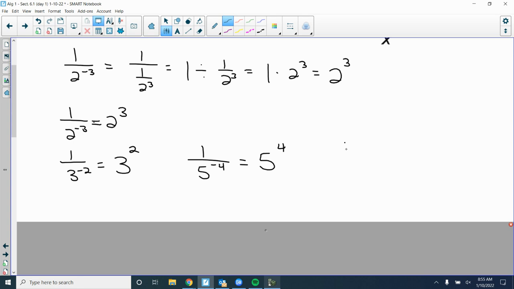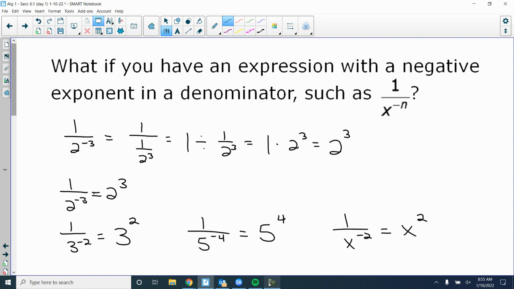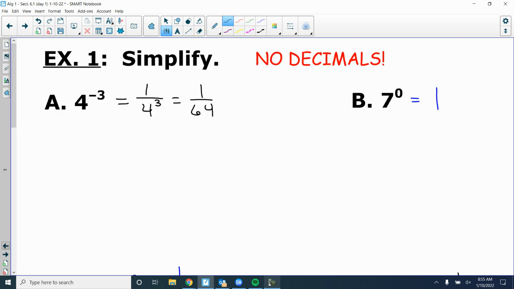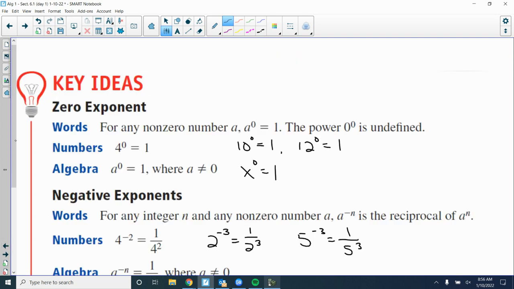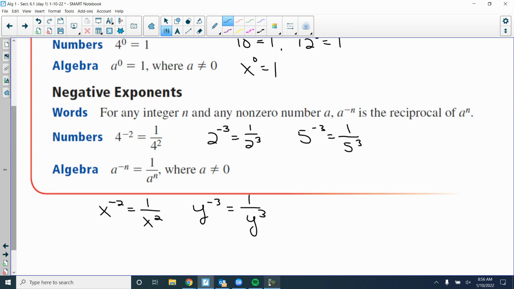So if I got 1, now what if I throw a letter in there? 1 over x to the negative second, that's the same as x squared. Why does the negative change? The negative changes to a positive because of this rule here. Anything to the negative second, I can write as 1 over.